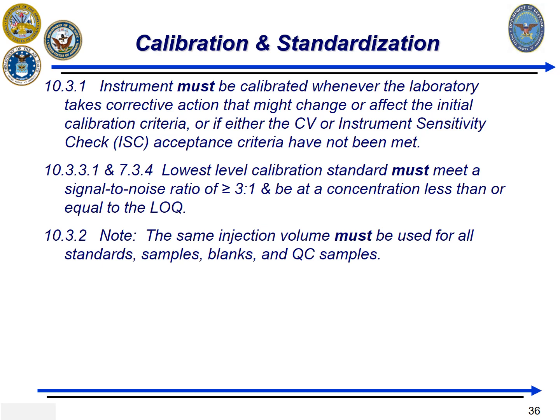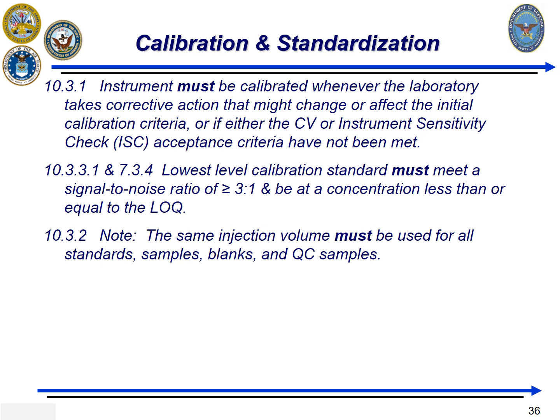Sections 10.3.3.1 and 7.3.4 state that the lowest calibration standard must meet a signal-to-noise ratio of greater than or equal to 3:1 and be at a concentration of less than or equal to the limit of quantitation.